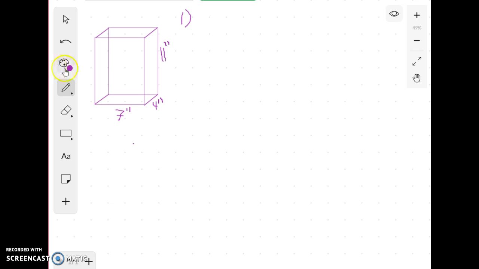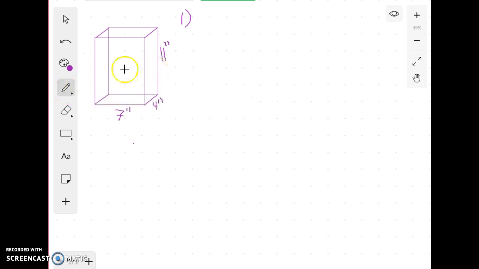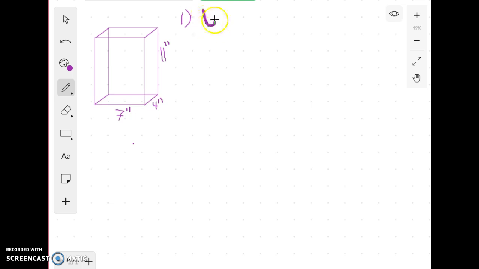The purple wrapping paper, which I will denote with this purple color, and I'll make our pen size a little bigger. So our purple wrapping paper costs 0.04 dollars, or 4 cents per inch squared.